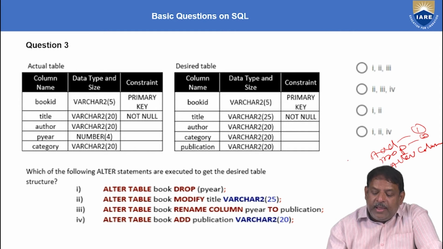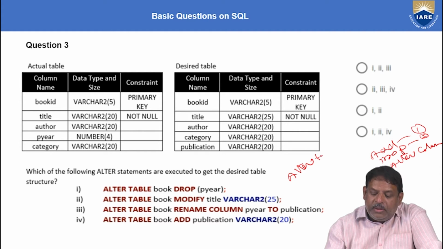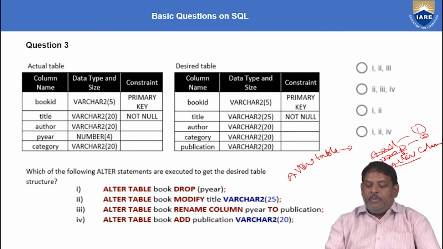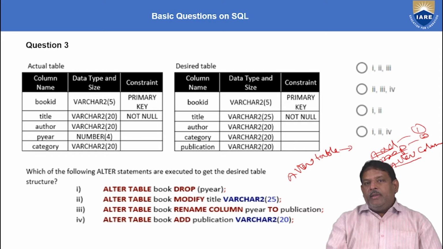So alter table can be done for three purposes: purpose 1, to add a column; purpose 2, to drop a column; purpose 3, to alter a column. These are the three possible scenarios where we can alter a given table.